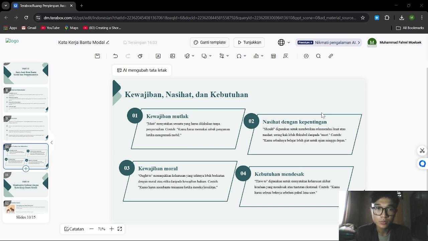It's more flexible than must. Moral obligation: use ought to for things related to ethics, like helping a friend in need. Urgent necessity: use have to for obligation caused by external circumstances, like needing to finish work by 5 p.m.